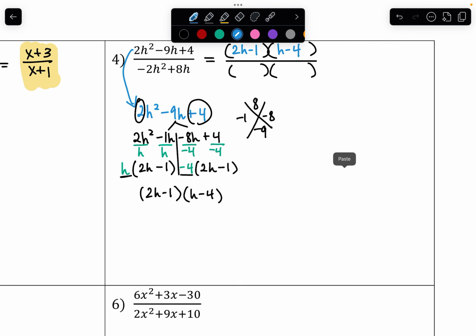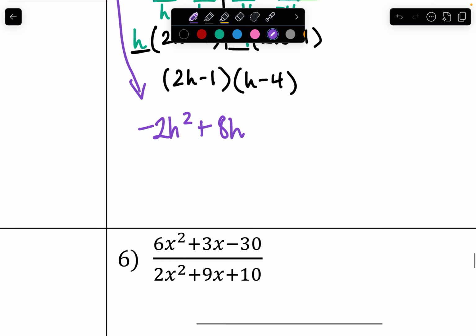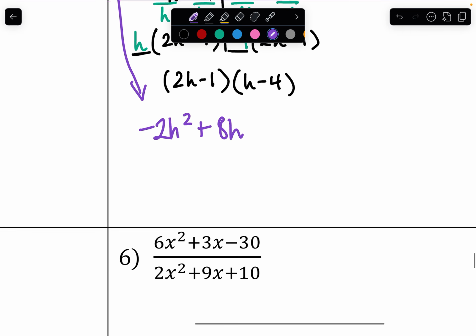Either order. Looking at the denominator, we have negative 2h squared plus 8h. This time we're missing the constant term, so this is another GCF situation. And so we are automatically going to divide by a negative because the leader is negative.